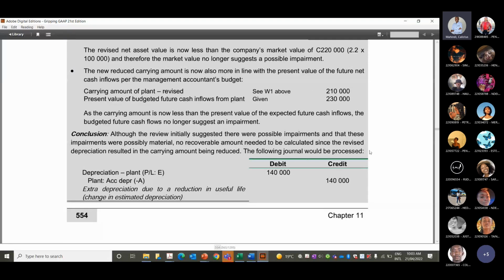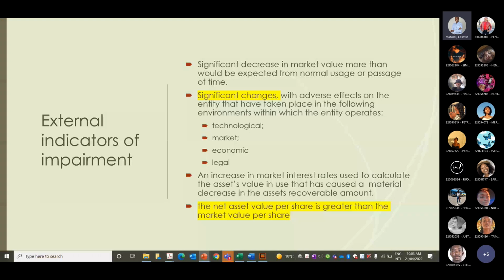This was quite long. The question wasn't long, but the answer was long because you were going through these steps to find out if there's a possible indicator. So you're looking at the steps one by one to find out if there is a possible impairment. All right. So the question goes into so much detail because it's analyzing each and every point.